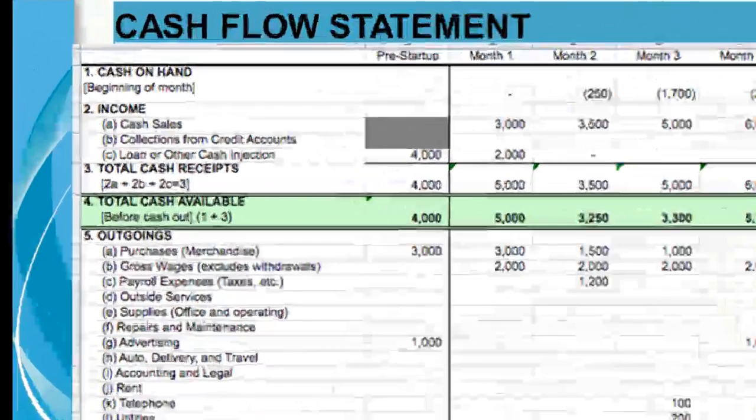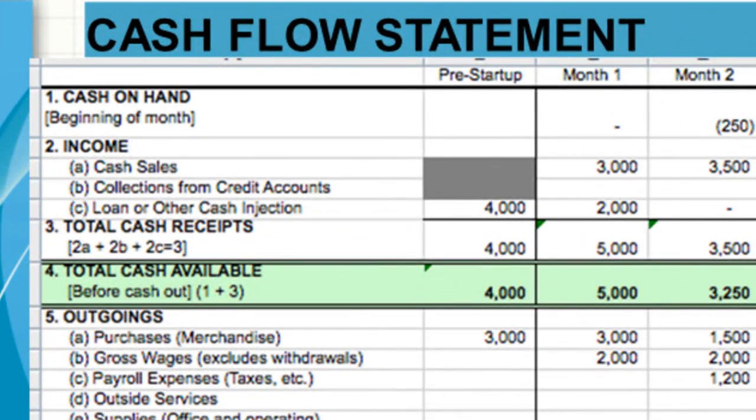Here we see only how much money you have received in your bank account.